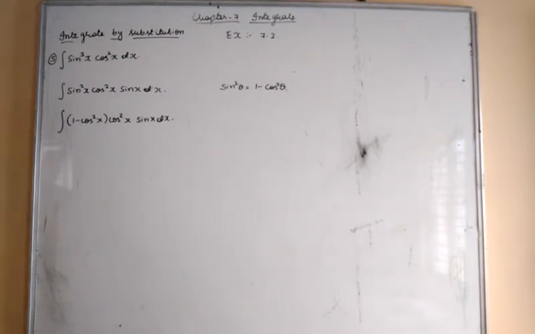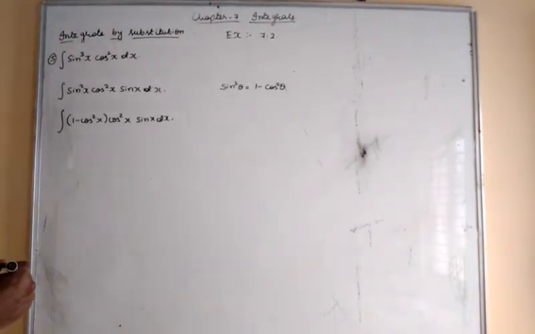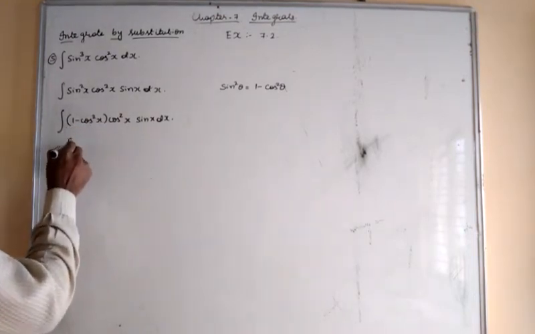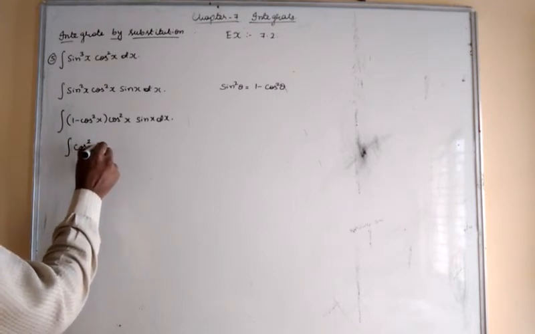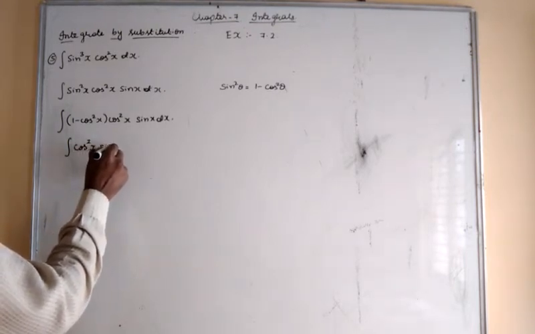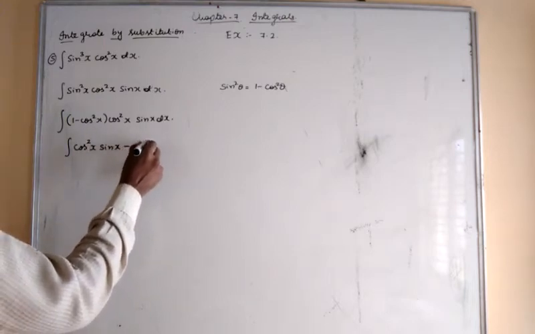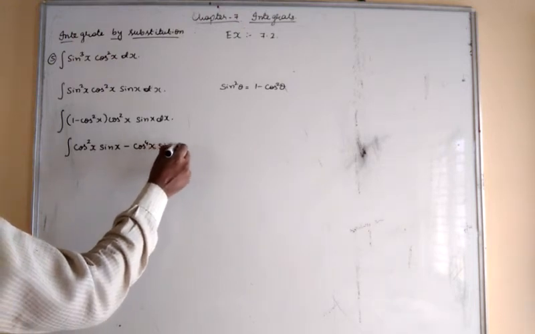If you multiply, what happens here: cos square x sin x, then again minus cos to the power of 4 x sin x dx.